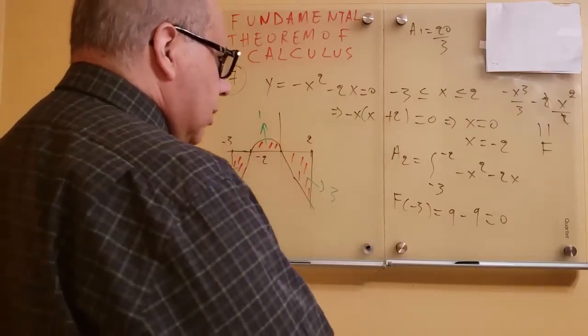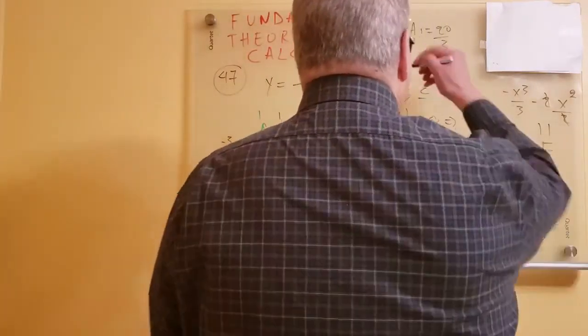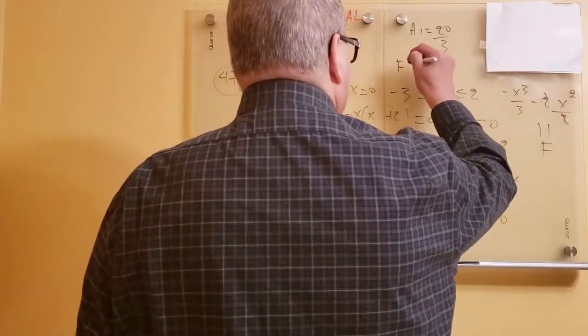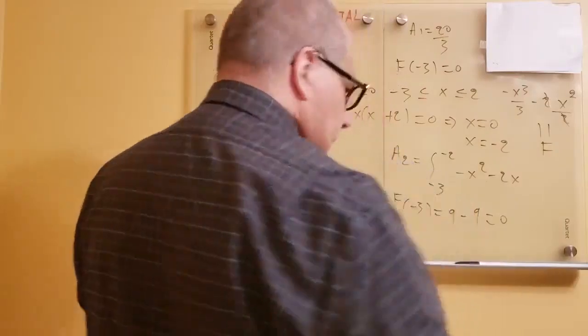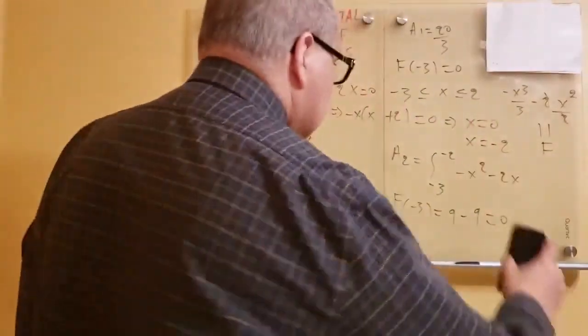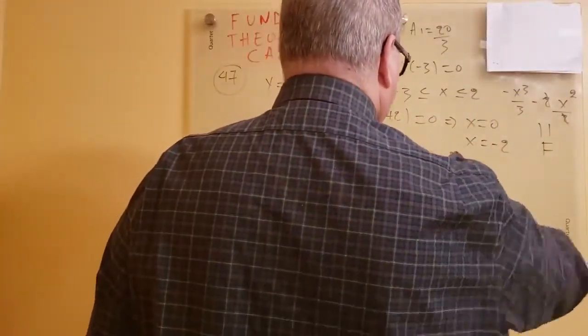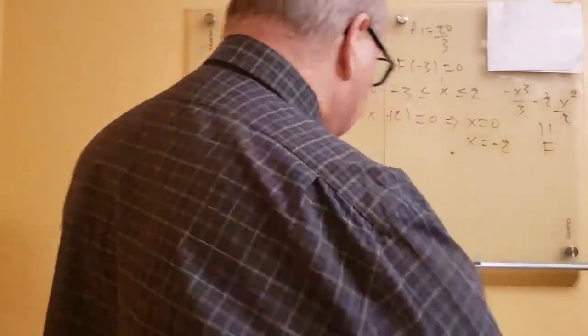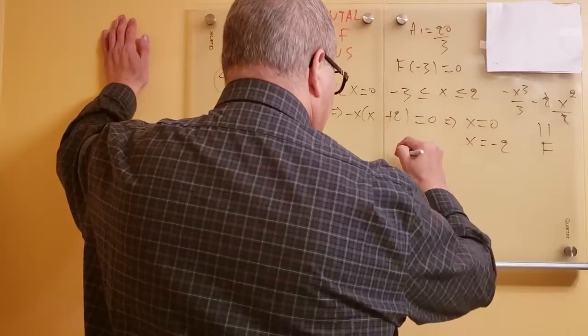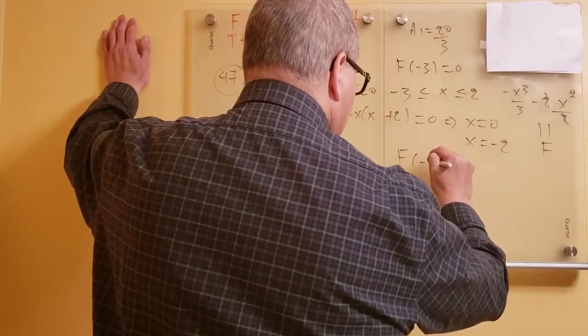So F of -3 is equal to 0. Let's do the F at -2.